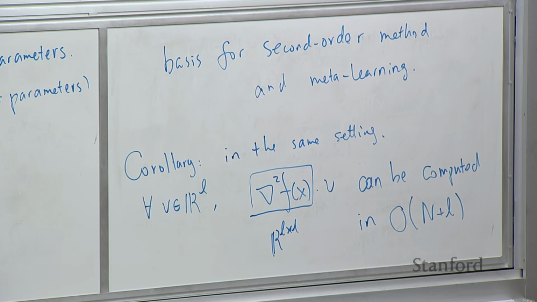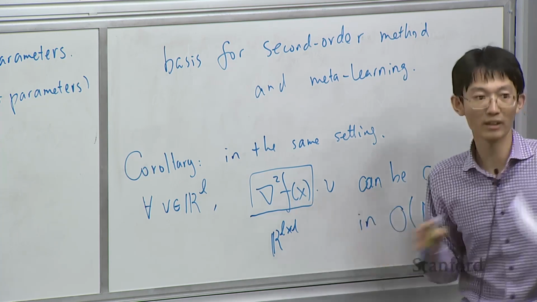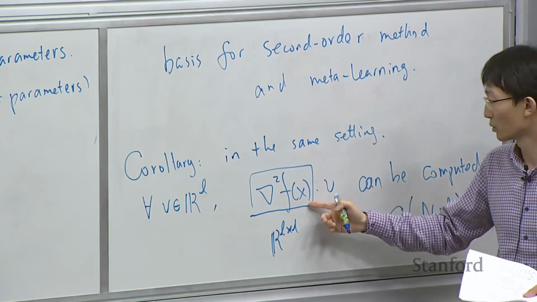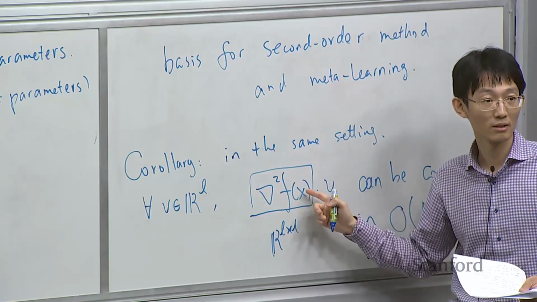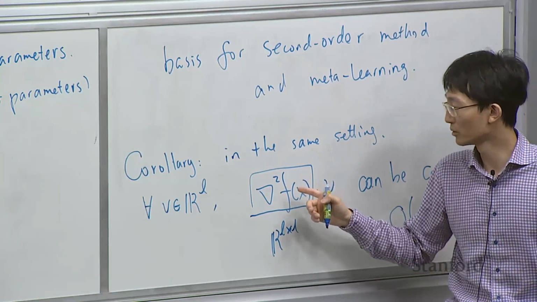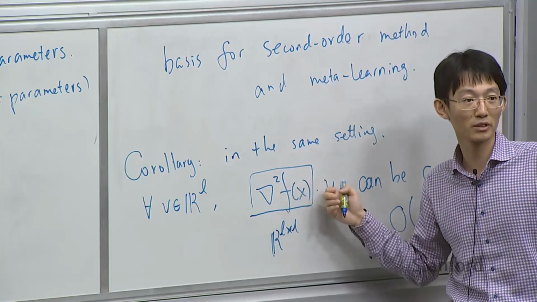If we can do that in O of n time, why can't we just use Newton's method instead? Right. Depending on which Newton's method you are talking about, the vanilla Newton's method requires this matrix, which takes L squared time. We only know how to do the Hessian vector product.